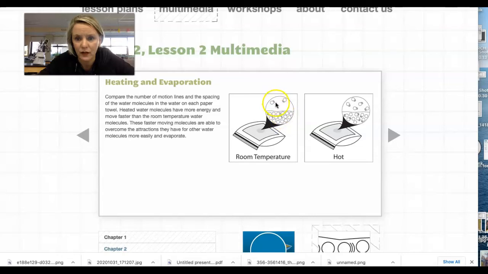You see that they have 2 motion lines here, and there's a little bit of space in between them, but not much. And right over here, you see that there's 3 motion lines, so they're moving more rapidly, and there's a lot of space. And so when liquids heat up like that, when the space between them gets so great that they lose their attraction, they will change physical states from a liquid into a gas. Okay?